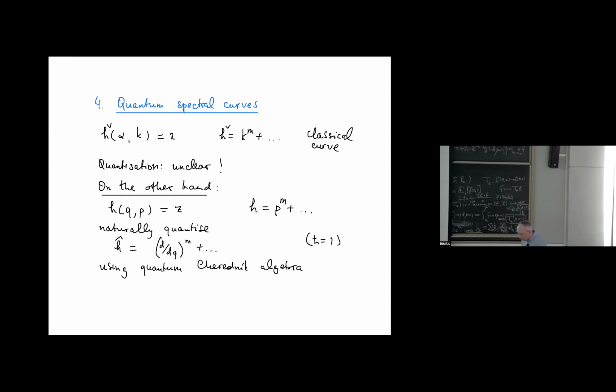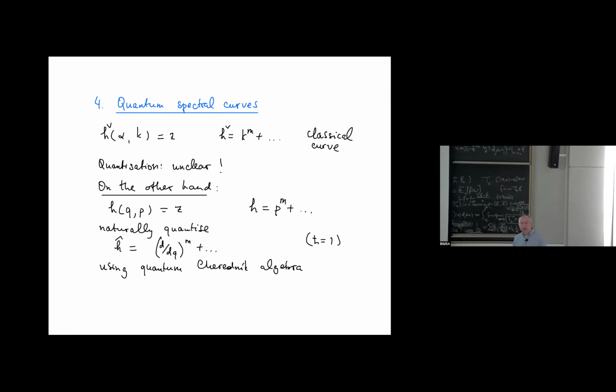Okay, so let's now talk, I have some time, to discuss quantization of these spectral curves. And these examples I like because they give you some kind of vivid instances of various things. So quantum spectral curves, you can observe here.